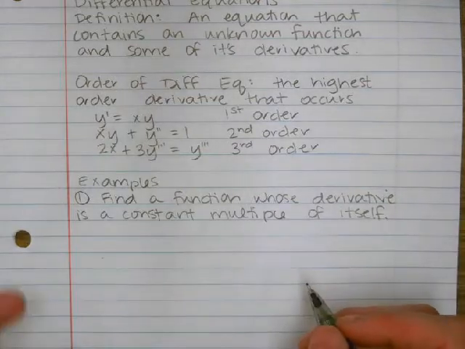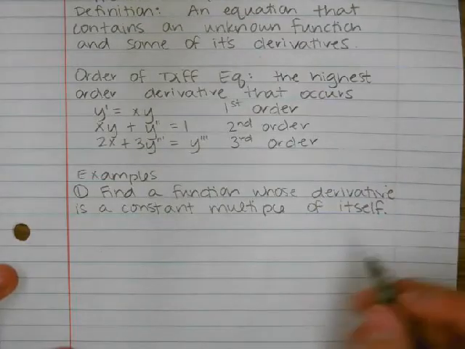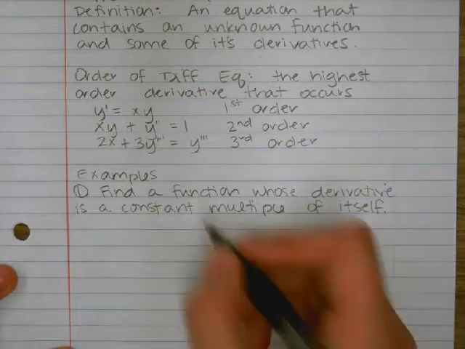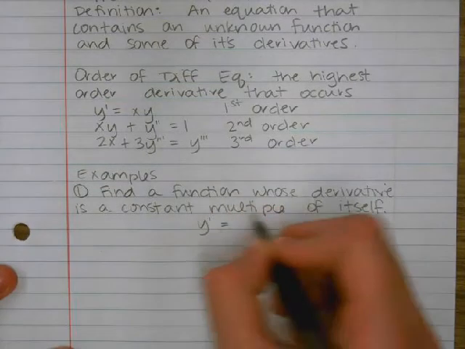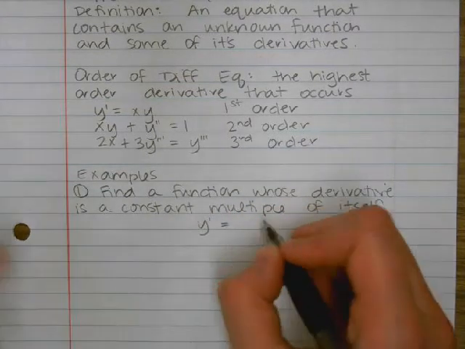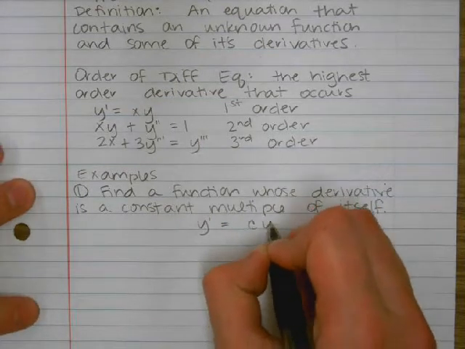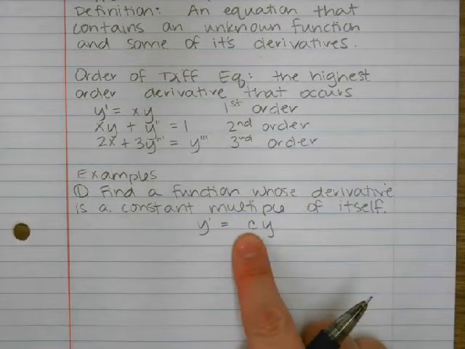So if I was to write this out just with notation first and then think about it to see if I can find a solution, I would say that this means that y prime is the same as c times y, where c is just some constant. So it could be like the number 2 or the number 5 or something like that.